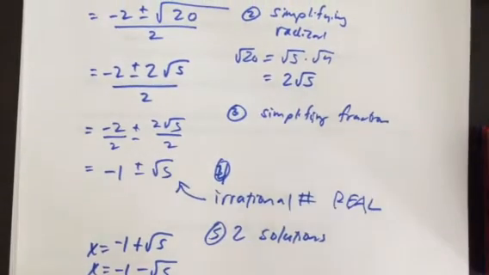The second problem on the exit ticket was very similar, but had a negative discriminant. So that one we did get a complex solution for. So for instance, it would look something like this: x squared minus 3x plus 4 equals 0.